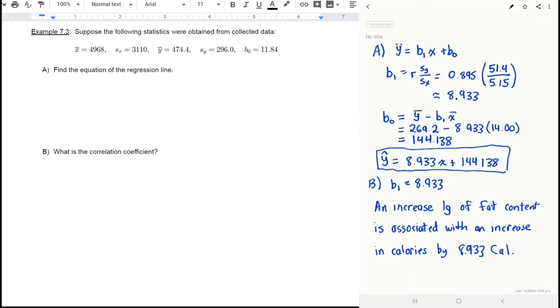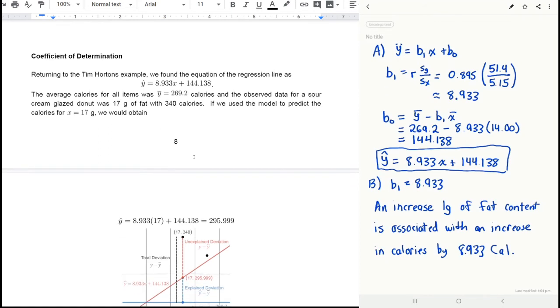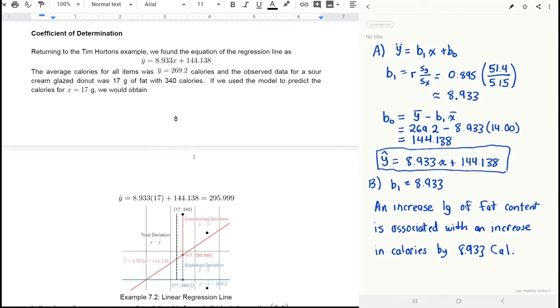All right, so now the next thing we'll talk about is the coefficient of determination. If we go back to our earlier examples where we looked at the Tim Hortons items, what we found was the equation of the regression line given as follows. The average amount of calories for all of the items was 269.2.